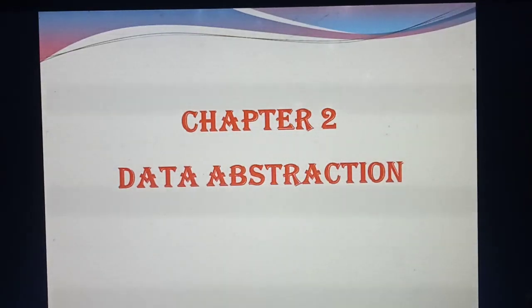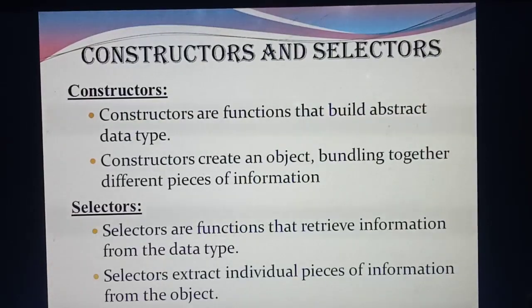These three important questions I taught. Today you are going to study one important 5-mark question. For that 5-mark question, you need to write: what do you mean by ADT, that is abstract data type, then the heading abstraction, then constructor and selector. Then the remaining portions you need to write.